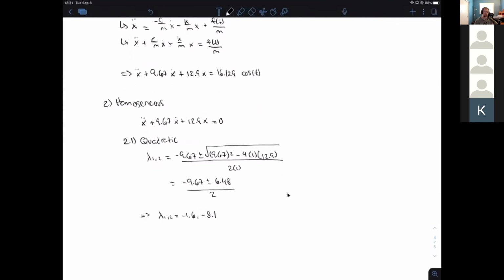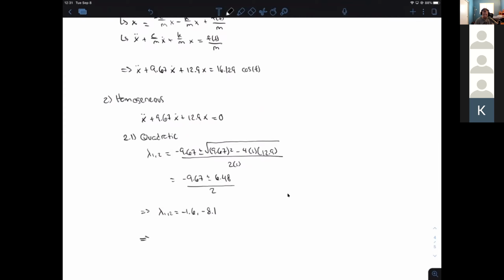So our homogeneous solution we can write out as x h of t equals c1 e to the minus 1.6 t plus c2 e to the minus 8.1 t. All right, so there we go. We got our homogeneous solution. We're going to solve for C1 and C2 a bit later on.